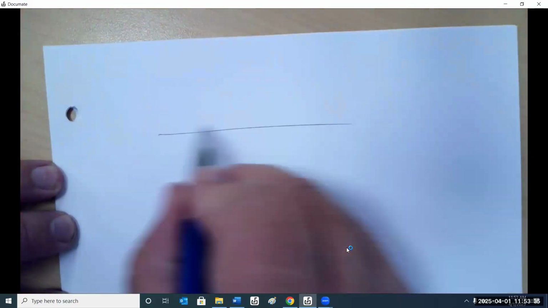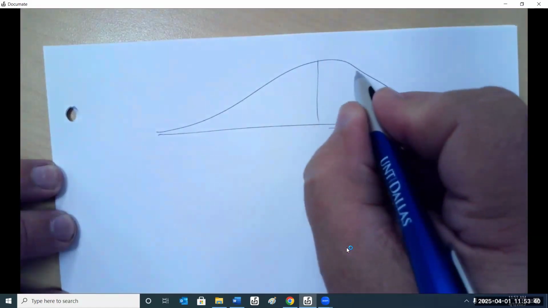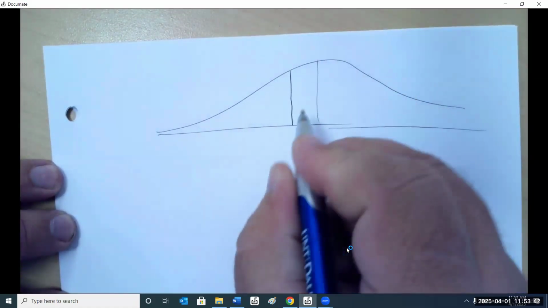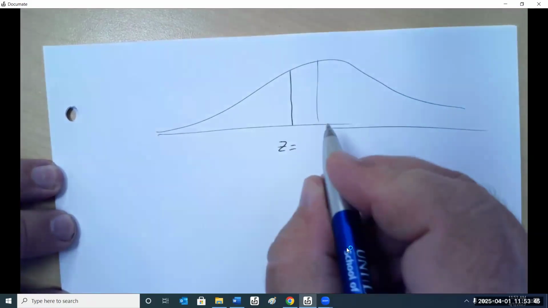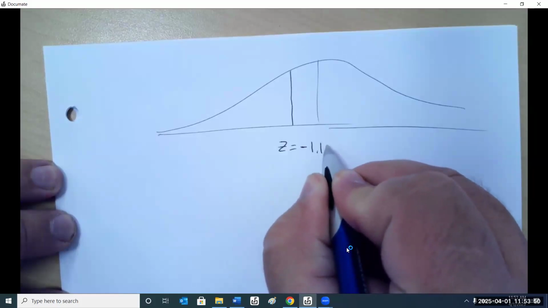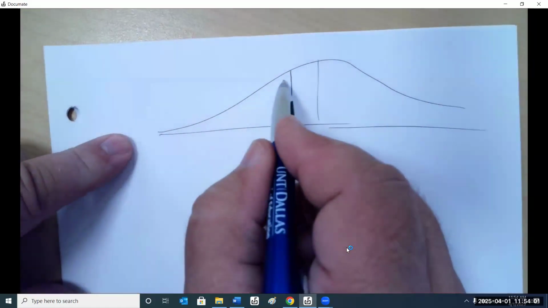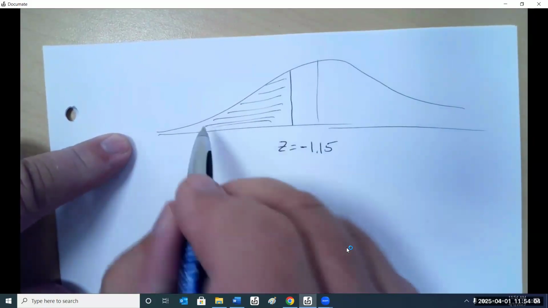So let me give you an example here. What is the area that number corresponds to? Remember, with this thing, it always relates to all the area to the left of it.